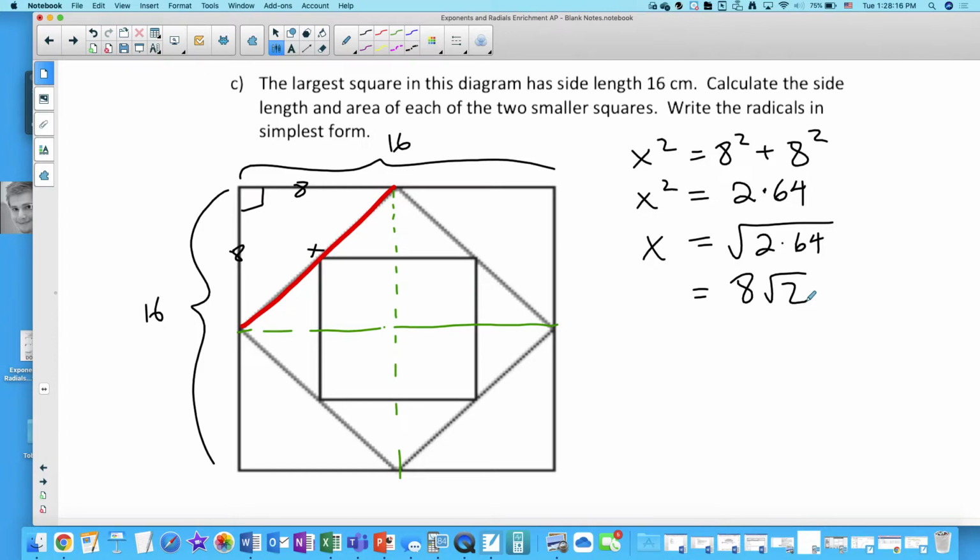Okay? All right, let's try and look at the side length of this guy over here. Now, this whole thing is 8 square root 2. How much is this part going to be? Yes? 4.